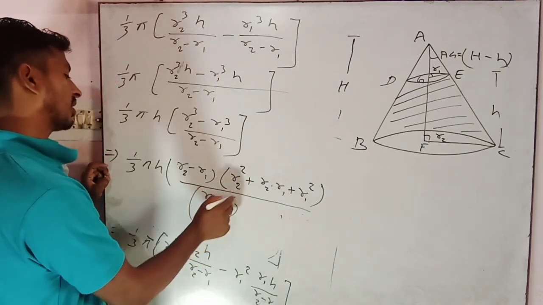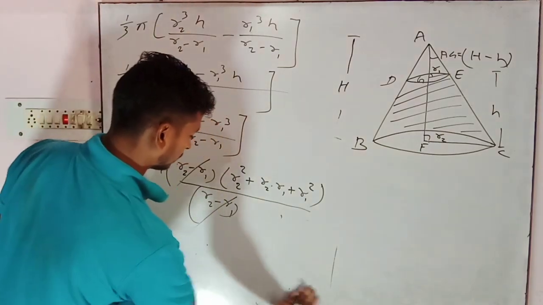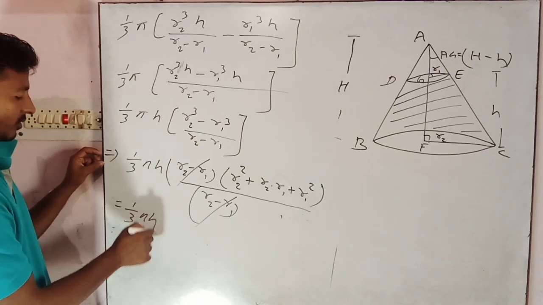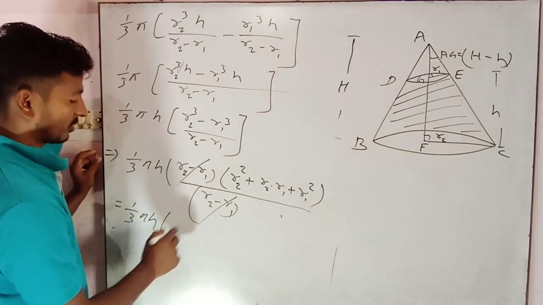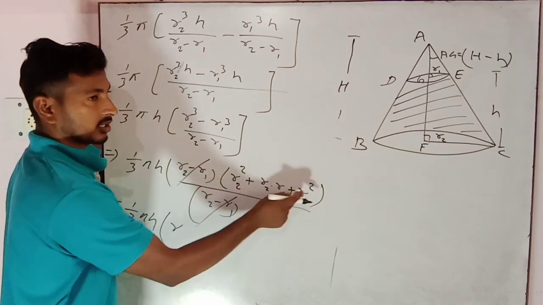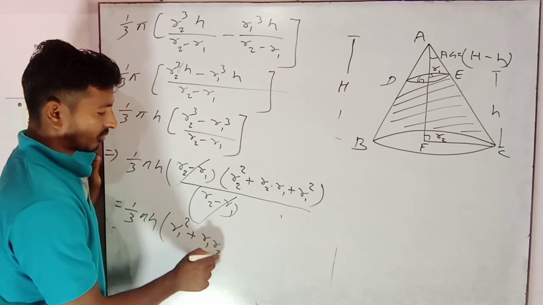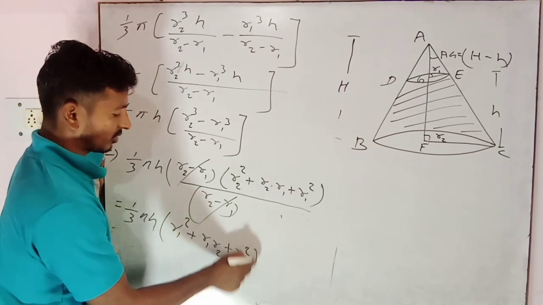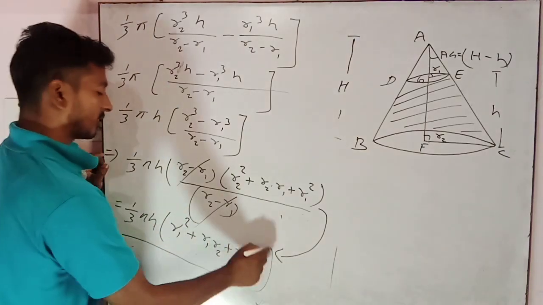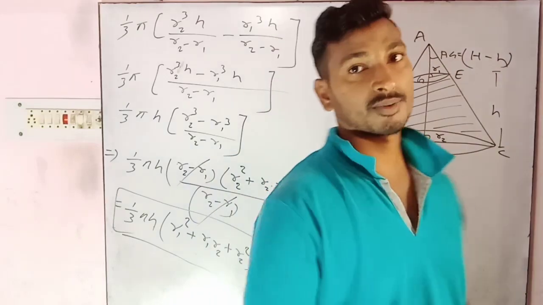Now this R2 minus R1 can be cancelled out, and here look, we can rearrange this as R1 square plus R1 R2 plus R2 square. So after rearranging we get this equation, and this is the volume of the frustum of cone.